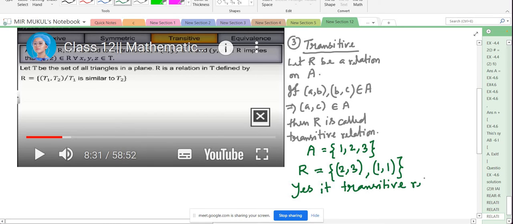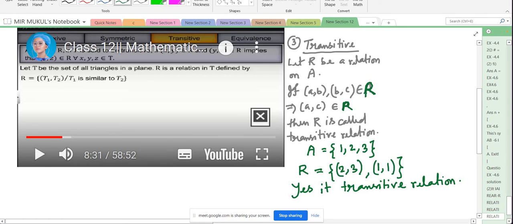In the definition, what I said, if (a, b) and (b, c) types of ordered pairs are present, sorry, here it should be R, not A, by mistake I have written. And (a, c) also belongs to R. It is not A.